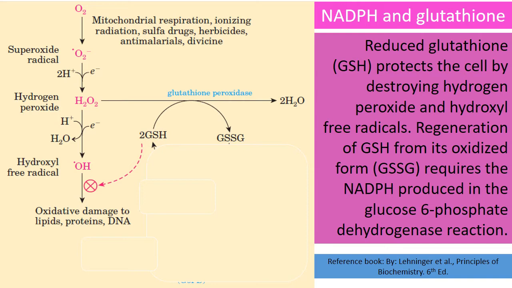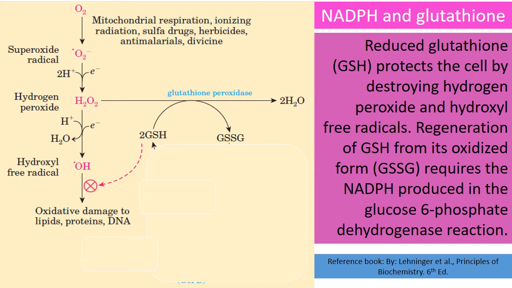It protects the cell by destroying hydrogen peroxide as well as hydroxyl free radicals. And regeneration of this glutathione from its oxidized form requires NADPH, that is produced in the glucose 6 phosphate dehydrogenase reaction.